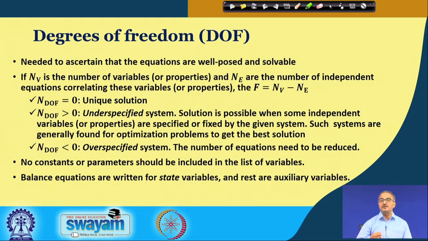Whenever we write the balance equation, you have found that those balance equations are written in terms of the state variables. For example, if you look at the mass balance equations, those equations are for the composition, energy balance is for the temperature, momentum balance is for the velocities. Okay, all these things are the state variables.